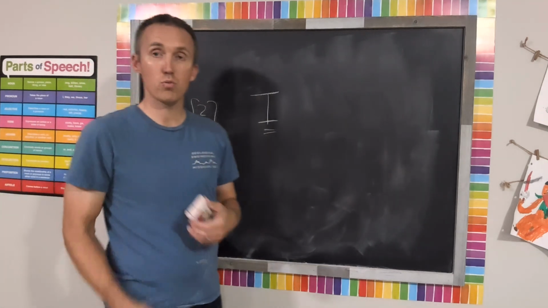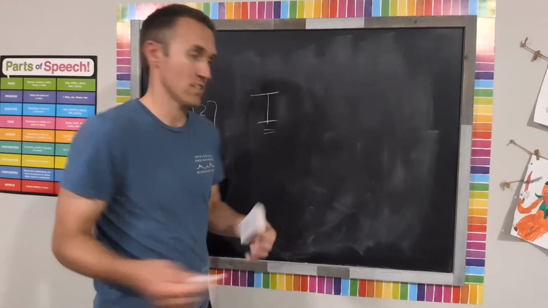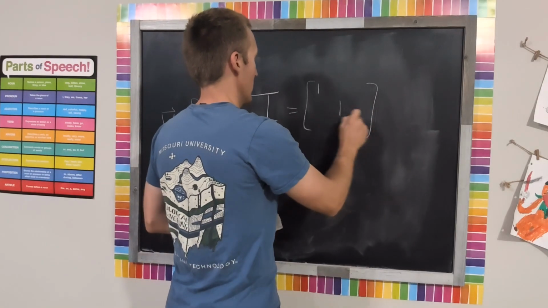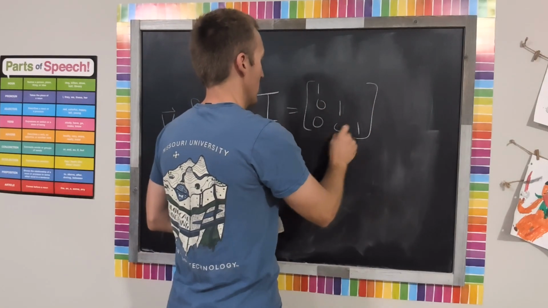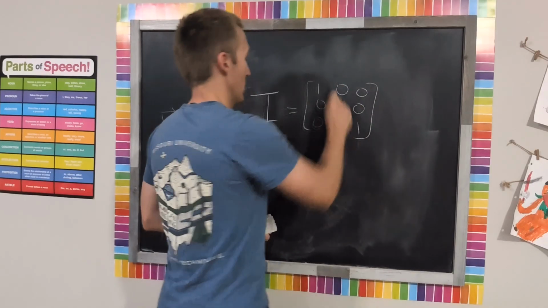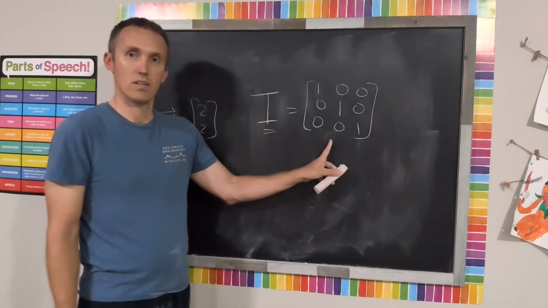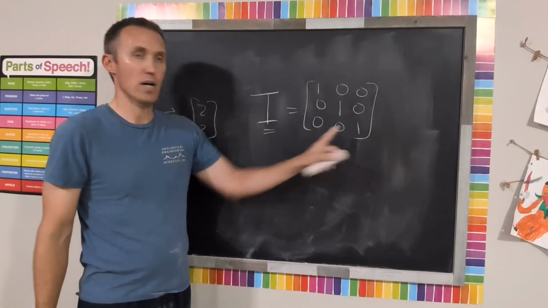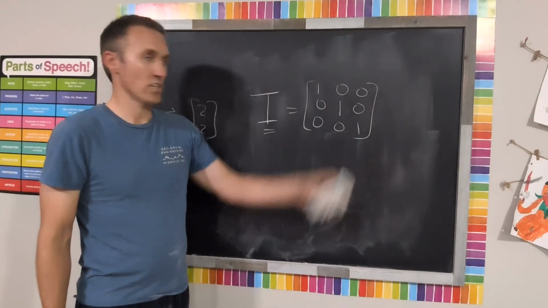So this is a matrix with all zeros except for on the diagonal. Right? So we have 1s along the top left, center, and bottom right, and then we have zeros elsewhere.